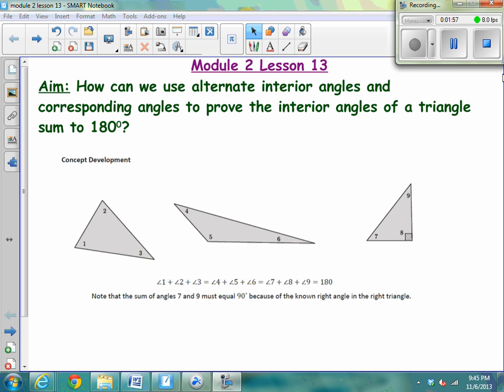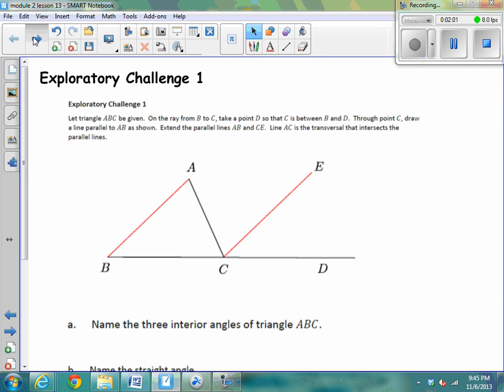So turn into your binder. Turn to the exploratory challenge number 1. And there's a diagram, and the directions say, let triangle ABC be given. On the ray from B to C, take a point D so that C is between B and D. So the picture has already done that for you.